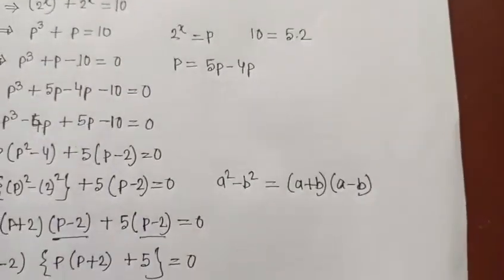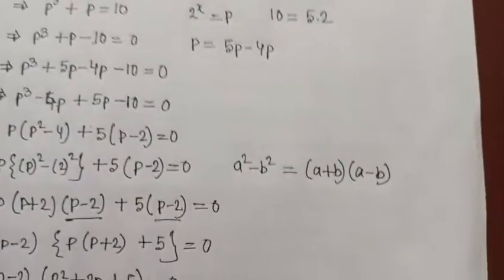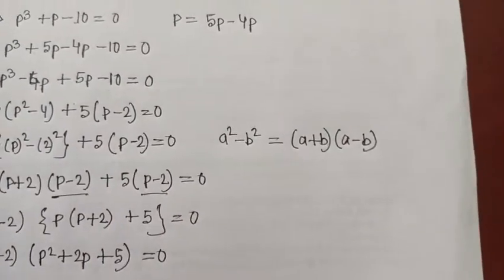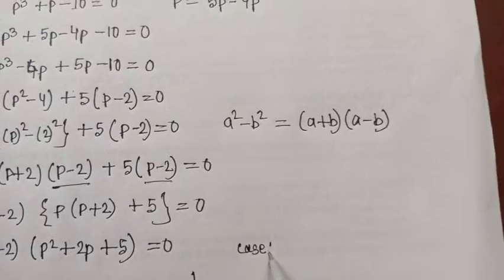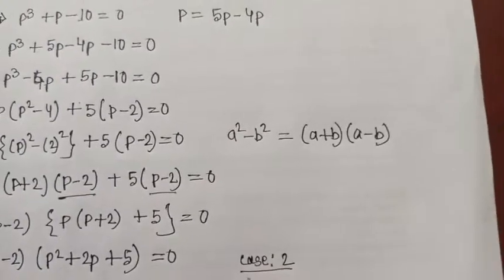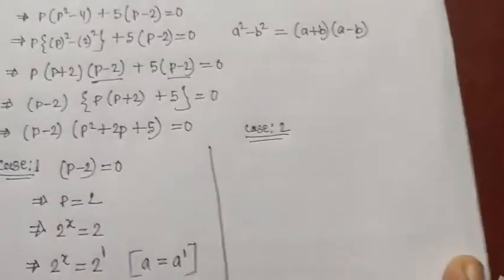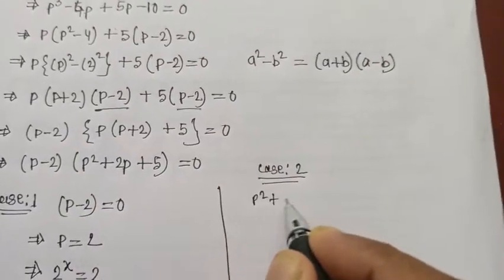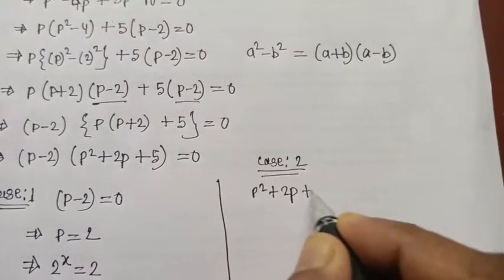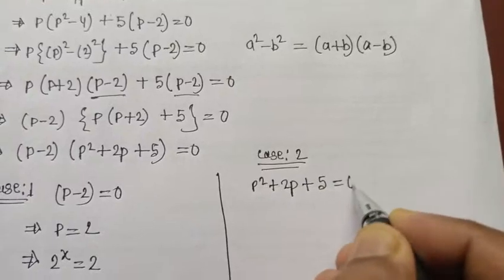Now we are going to find another solution for case 2. That is p square plus 2p plus 5 equals 0.